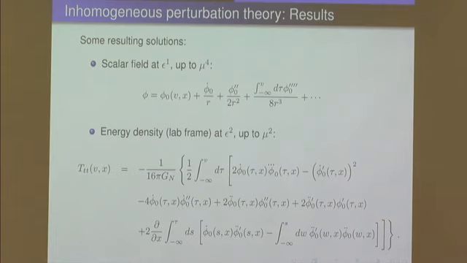Here's the scalar field profile up to fourth order in gradients. Here's the energy density in the laboratory frame. It starts at amplitude squared because it's quadratic in the fields. And this is a solution up to second order in gradients. The first term is what Bhattacharya and Minwalla found, and this is the extra from this work.